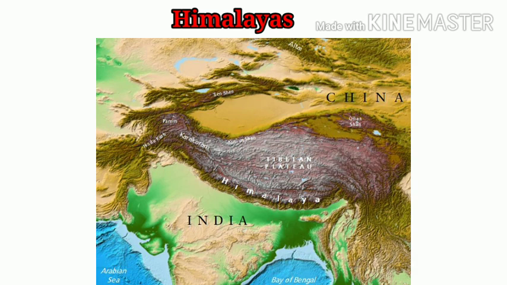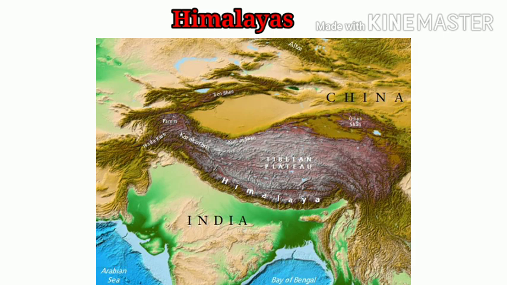And not only that, the Himalayas also trap the southwest monsoon winds and force them to shed their moisture in the northern part of India. If they did not, then the northern part of India would become a dry area like Rajasthan.